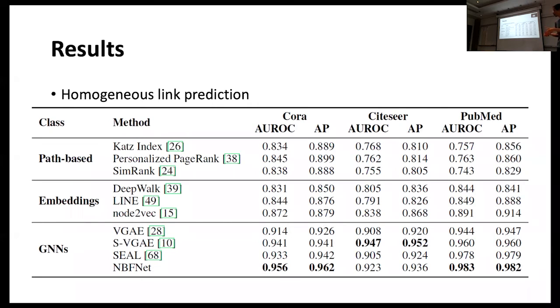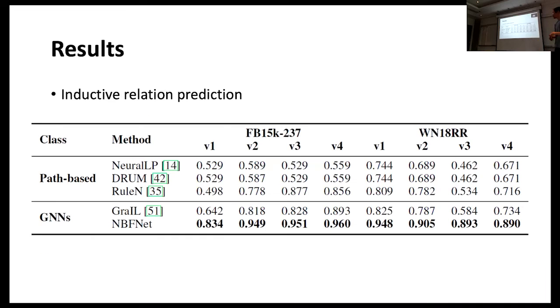Homogeneous graphs means that there is only one relation across the whole graph, everything has the same relation, so that can be viewed as a very easy case of knowledge graph. We also achieve very decent results on this kind of benchmark. And the last case is inductive relation prediction, the inductive version of knowledge graph reasoning. It's more like training on one graph and generalizing to another graph with unseen entities but the same semantics. In that case, we also achieved strong results on that benchmark.